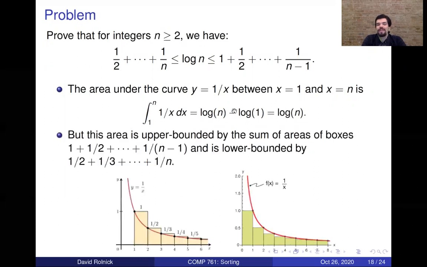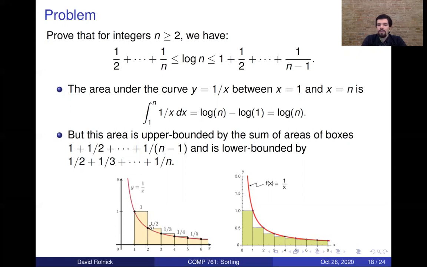Here's where the magic happens. Let's plot this on a graph here, or 2 graphs. Here's this function. We can upper and lower bound the area from 1 to n. Let's suppose n is like 6. Well, the area under the curve from 1 to 6 is included in the area of all these boxes.